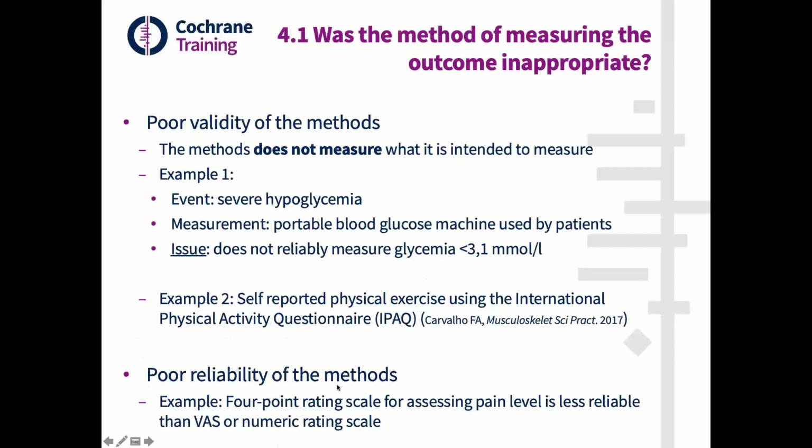Another issue that might arise is the poor reliability of the methods, meaning that if you're measuring the same outcome several times, you will systematically find different results. So again, a measurement method for the outcome that has a poor reliability is going to be considered as an inappropriate method.